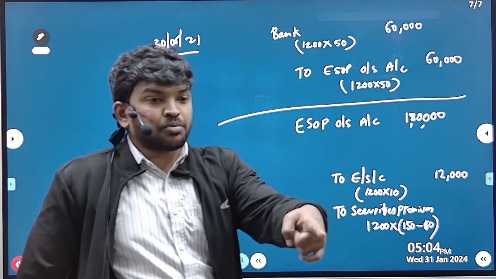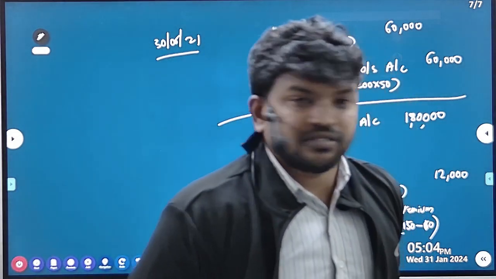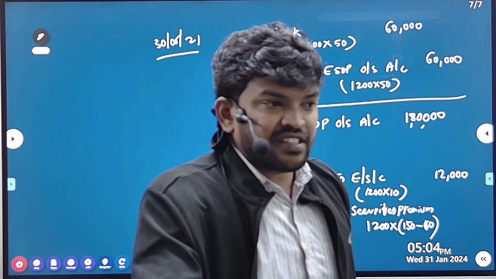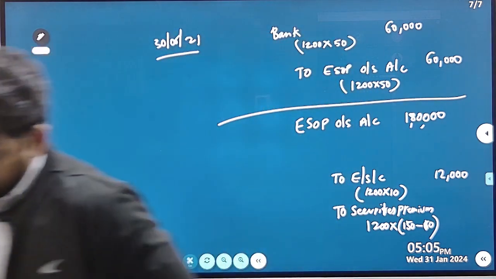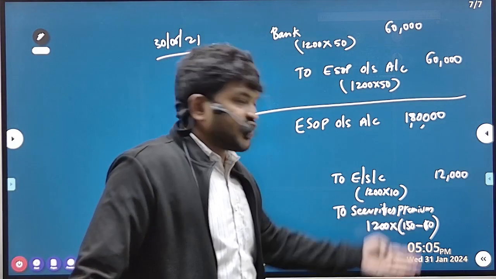Yes or no? ESOP expenses total debit कितना हुआ? P&L में total debit कितना हुआ देखो? 1 lakh, 1,40,000 डेबिट हुआ, फिर जनरल रिजर्व में 20 गया था ना, 1,20,000 गया है कि नहीं? यस, 1,20,000 ऑलरेडी एक्सपेंस ले लिया, समझ गया? 1,20,000 is already an expense, so that is also you should treat it as issued at premium here.